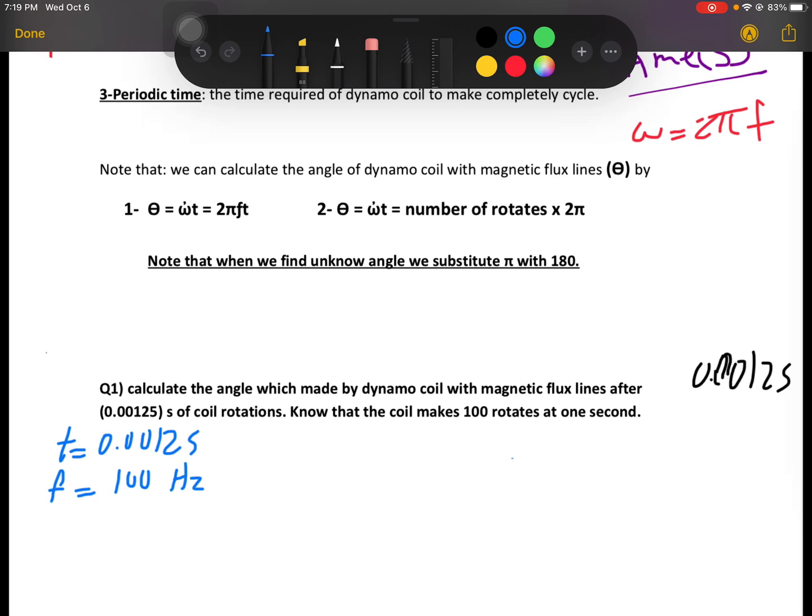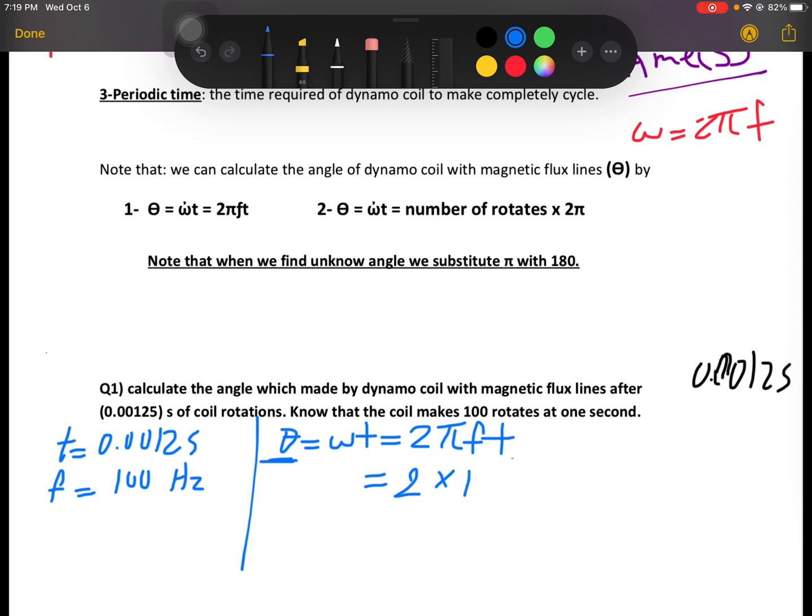So the rule is theta equals omega t equals 2 pi f times t. By substituting the values, very good, you have to remember pi in this case is 180, because we work on theta.